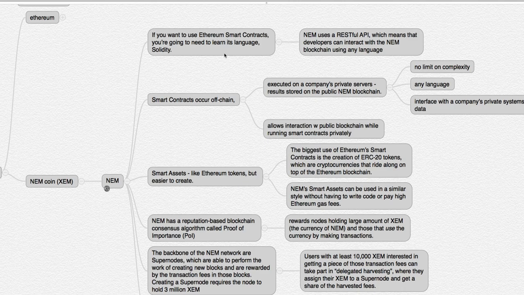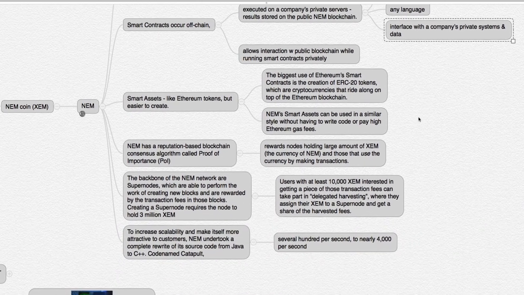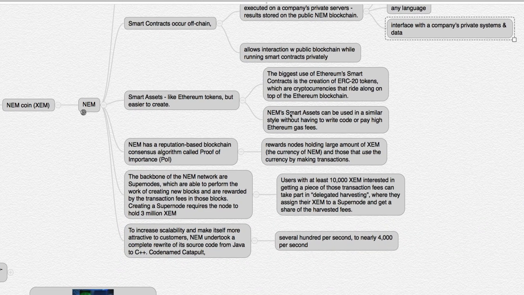If you want to use Ethereum smart contracts, you have to learn the Ethereum language, but NEM allows you to use any computer language, and it allows companies to interact with a public blockchain while running smart contracts privately. So it interfaces with the company's private systems and data, but allows the company to use the public blockchain. And the smart assets on NEM are like Ethereum tokens, but they're easier to create.